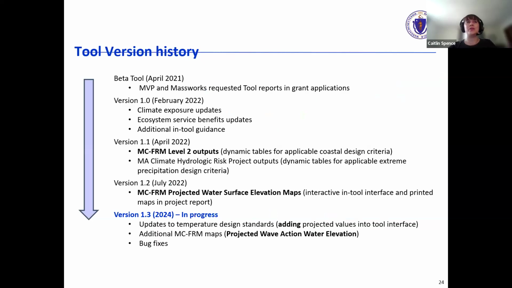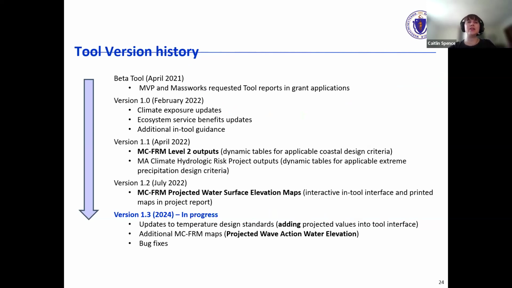The tool has gone through several versions. I am not going to go over all the details in every version. However, several past slides have noted changes that are upcoming this summer.